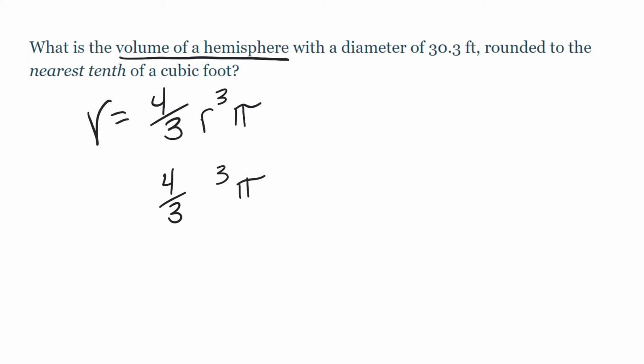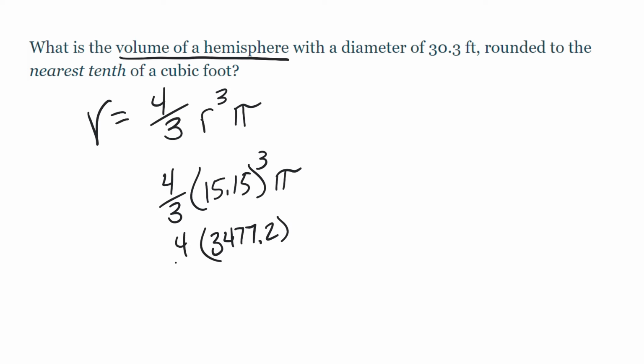Well, we know that the diameter is 30.3. So if the diameter is 30.3, the radius is half of that. So my radius would be 15.15. So I'm going to cube that number. And what I end up with is 3,477.27 times 4/3 pi.